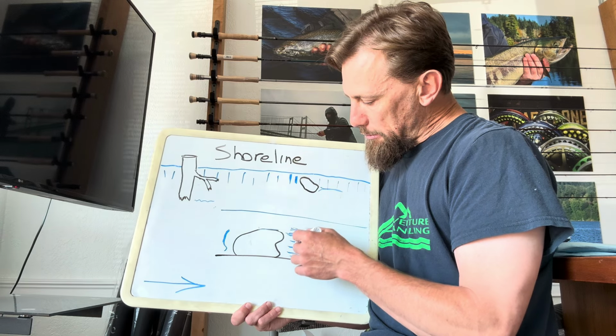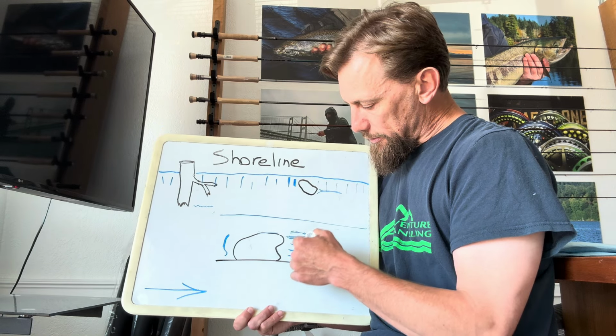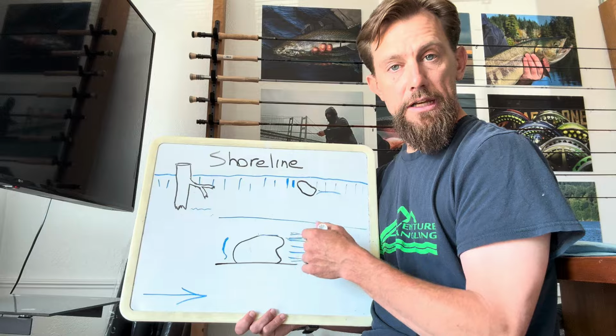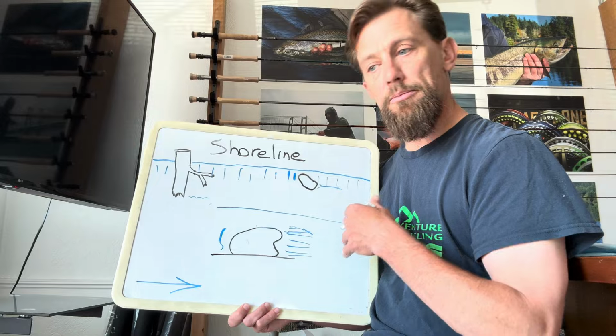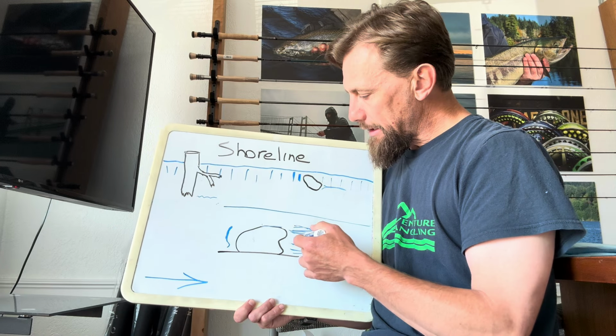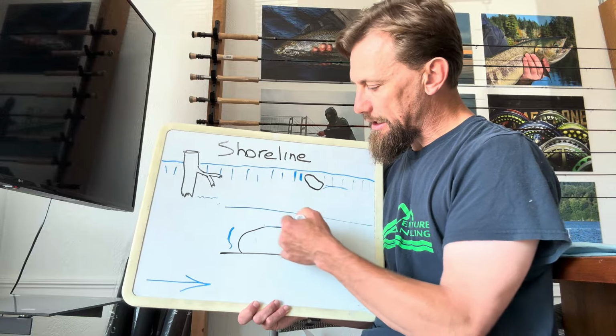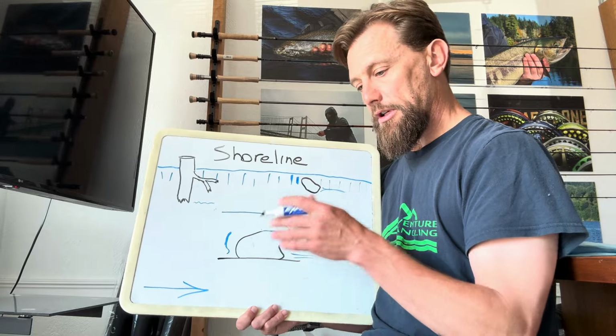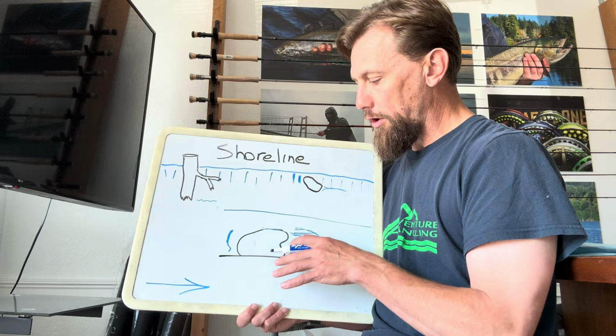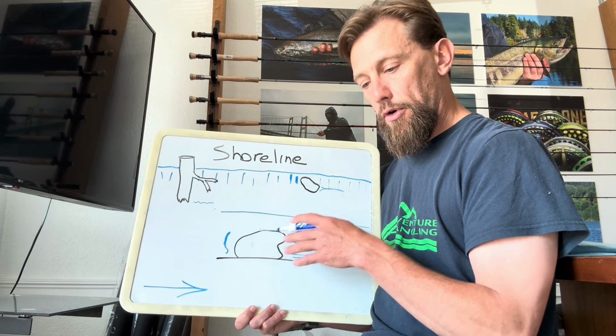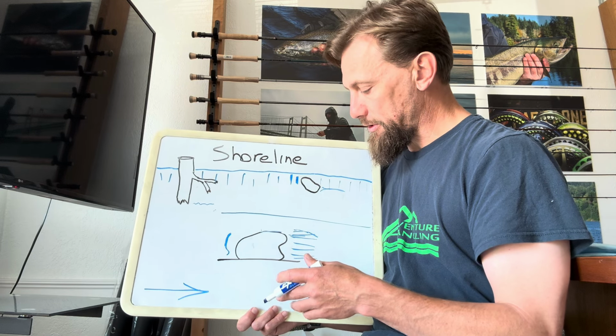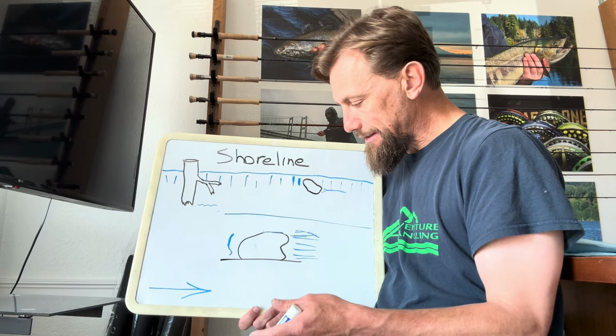I need to get my fly into this lower zone to present it into the trout's predatory window in view. They don't really want to leave these seams, because then they have to work harder in the general flow of the water to hold still and get a good feeding position than they do if they're simply in the feeding seam.